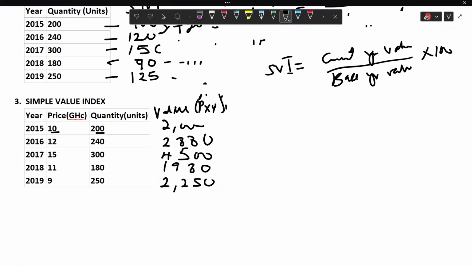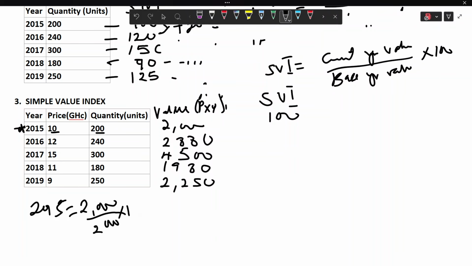You can go ahead to find our simple value index. For 2015, we're also assuming that 2015 is the base year. If this is the base year, then automatically we are going to have 100 here, since we are going to get 2000 divided by the base year 2000 times 100, giving us 100.